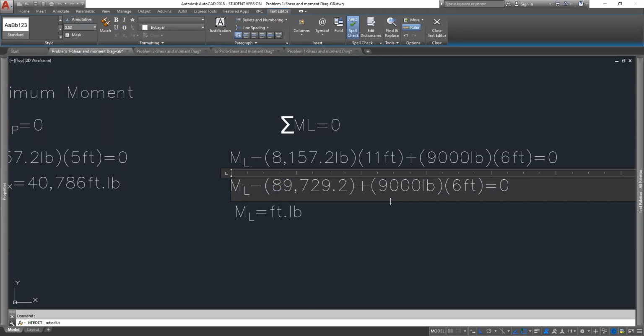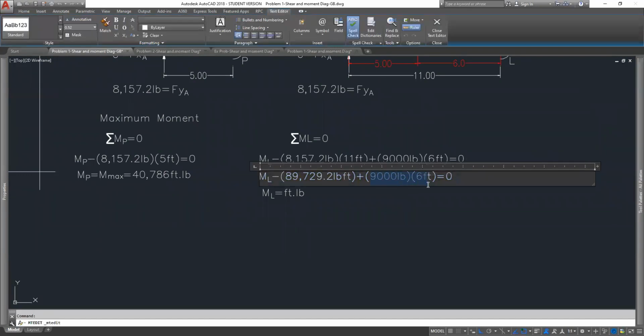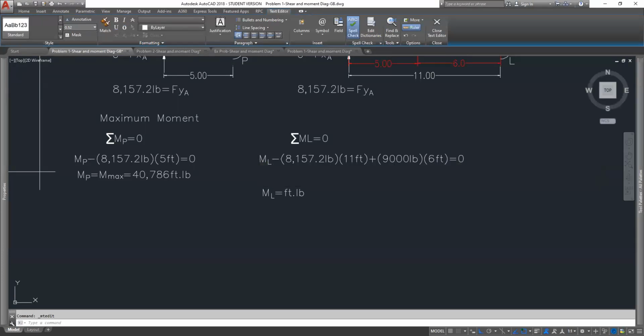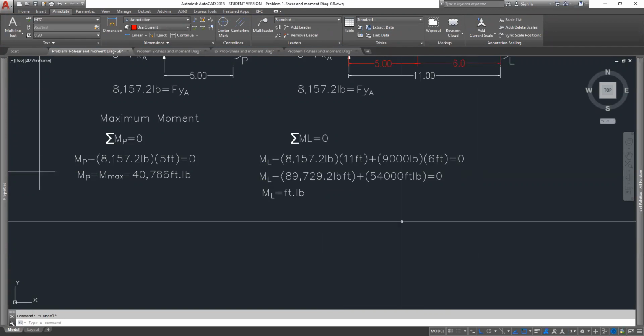And those are foot-pounds, right? Yes. And 9,000 times 6 is 54,000. Let's bring these guys over to the other side.